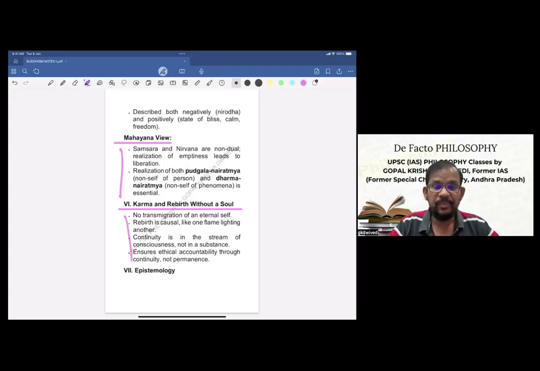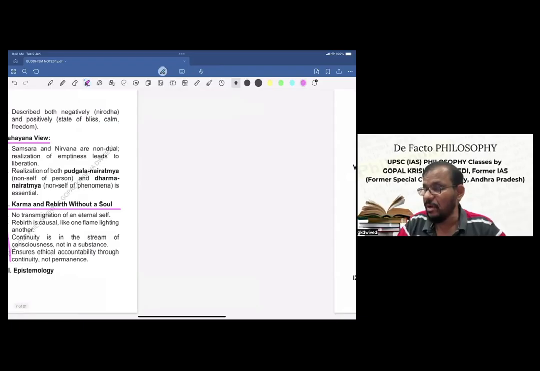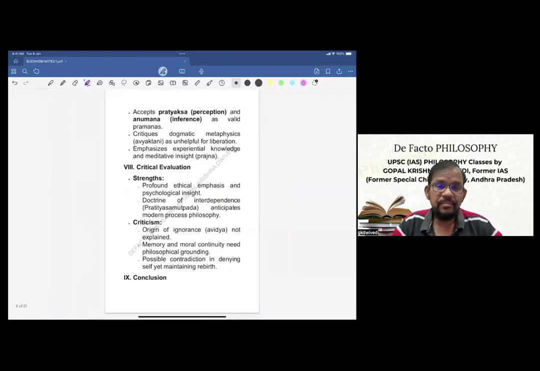Now, epistemology. What is the epistemology of Buddhism? Let us see that. Buddhism accepts pratyaksha, that is perception, and anuman, that is inference, as valid pramanas. So this is accepted by Buddhism. It critiques dogmatic metaphysics as unhelpful for liberation.